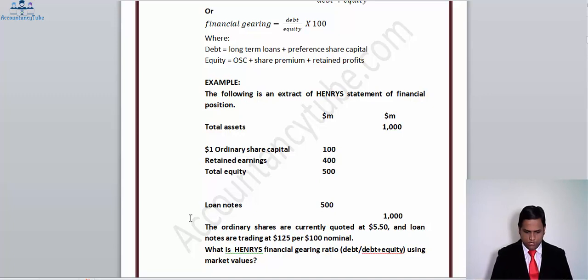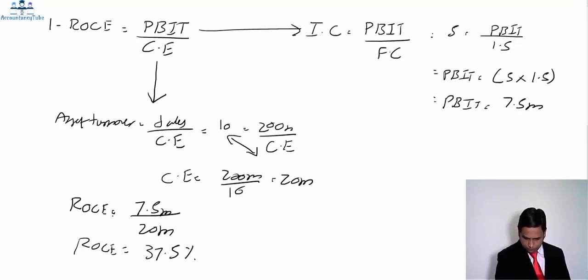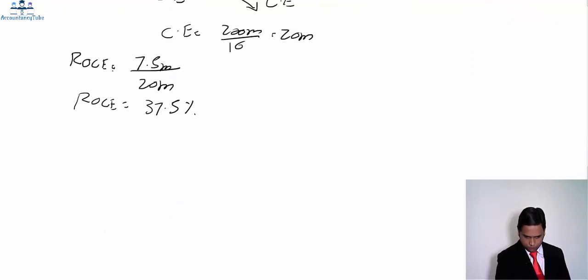That is debt over debt plus equity, using market values. Here the examiner specifically mentioned that he wants the debt over debt plus equity formula. So let's compute that. First we need to get the value of equity and debt in order to apply the formula.